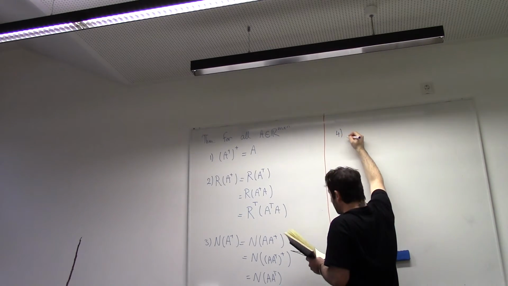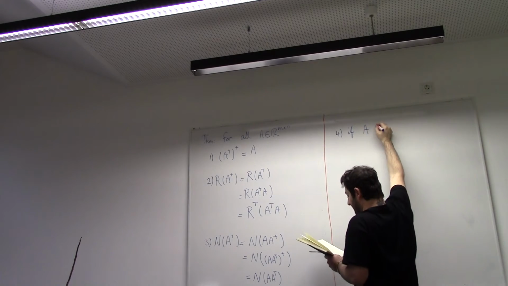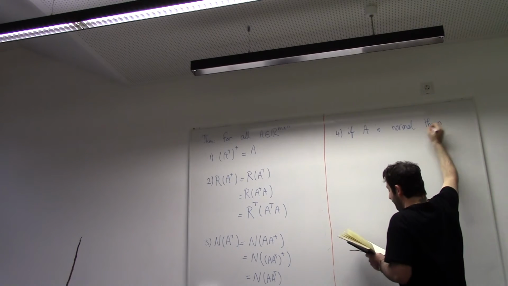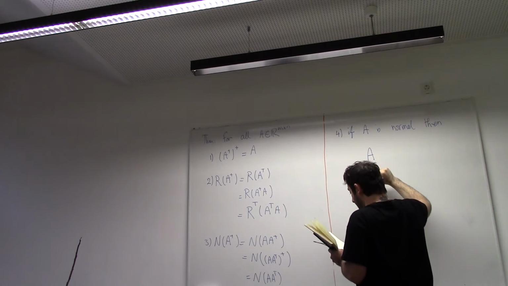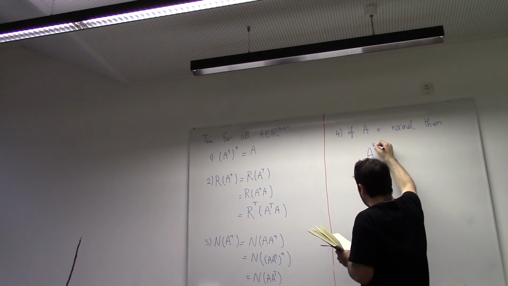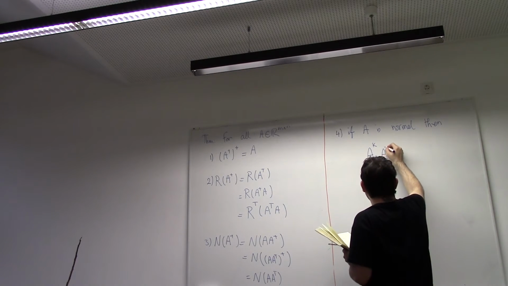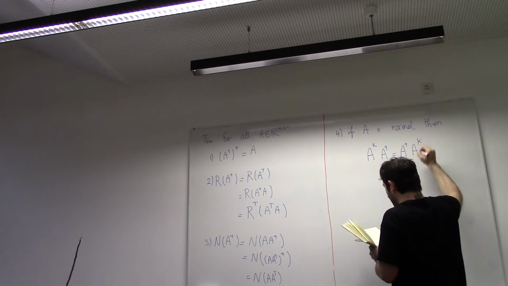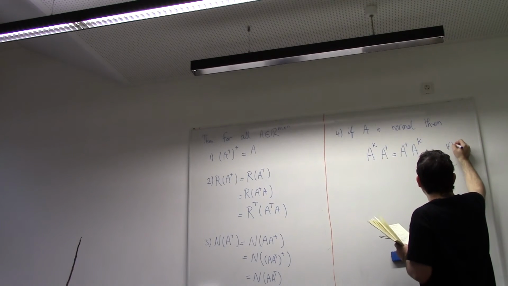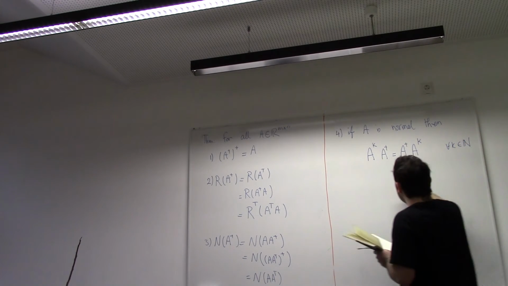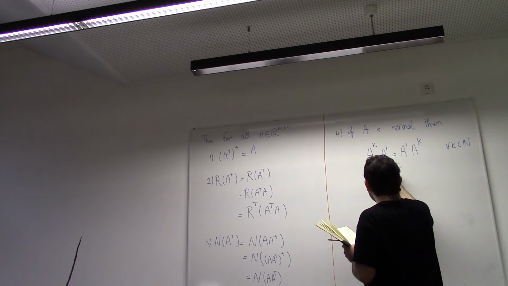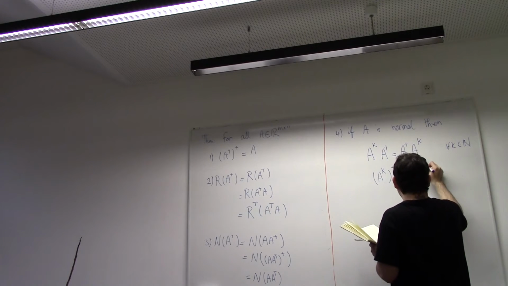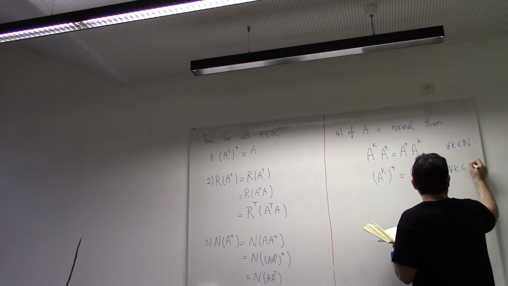The fourth one says, if A is normal, then A to the power of k multiplied by A plus is A plus multiplied by A to the power of k for all k belonging to n, and (A to the power of k) plus is equal to actually (A plus) to the power of k for all k belonging to n.